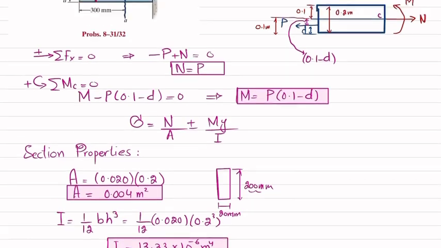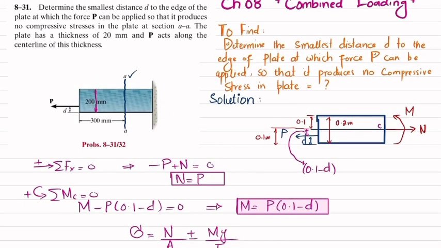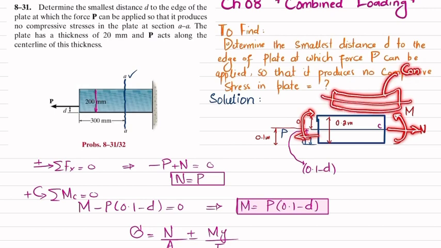Now you can see that due to this axial loading there will be normal stress, and due to this moment there will be bending stress. When the beam bends, it will be like this, so the upper layer will be in compression and the lower layer will be in tension.